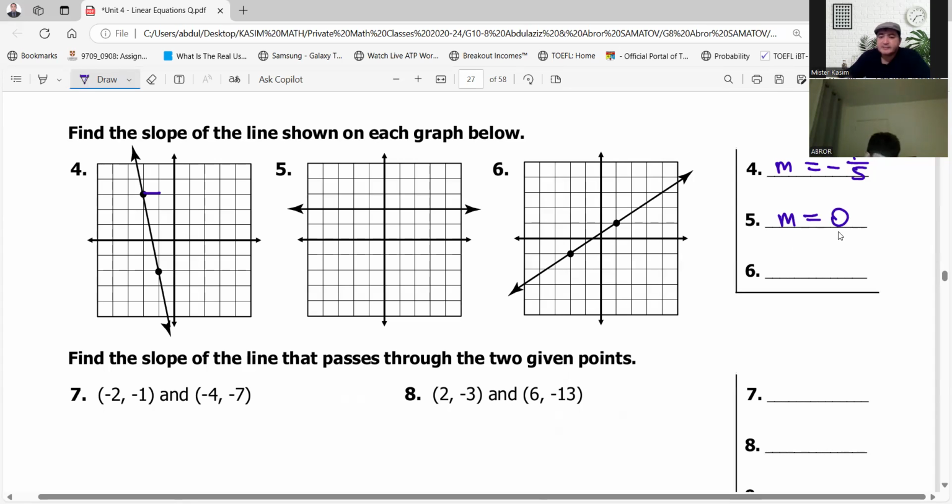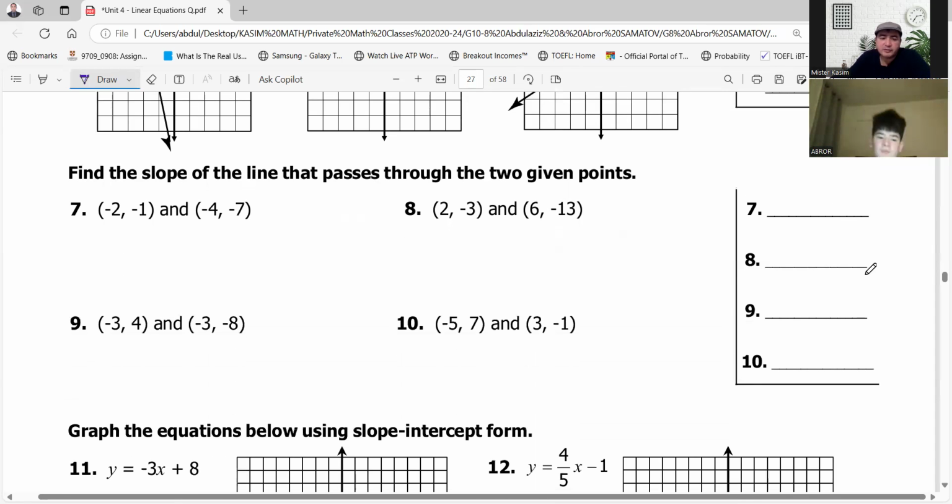And how about 6? What is the slope of the last line? 2/3. It is positive, right? 1, 2, 3, so it is 2/3. Okay.